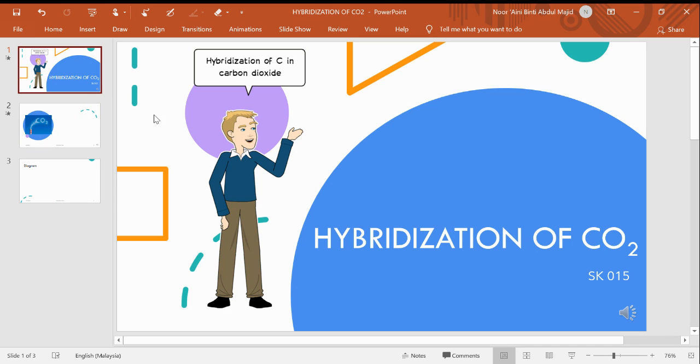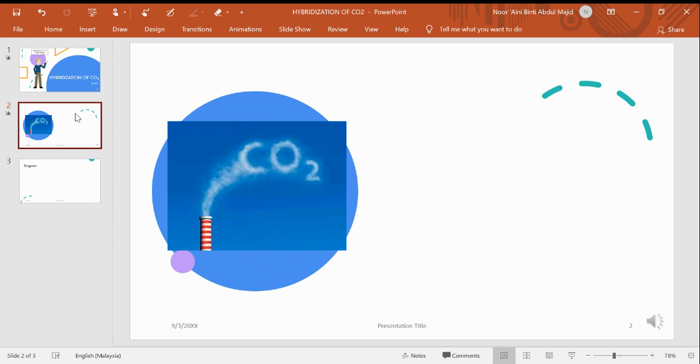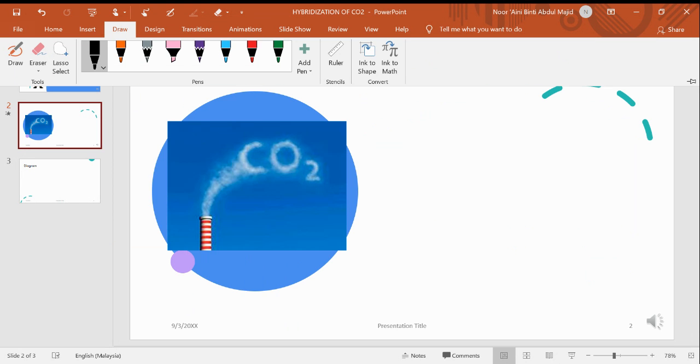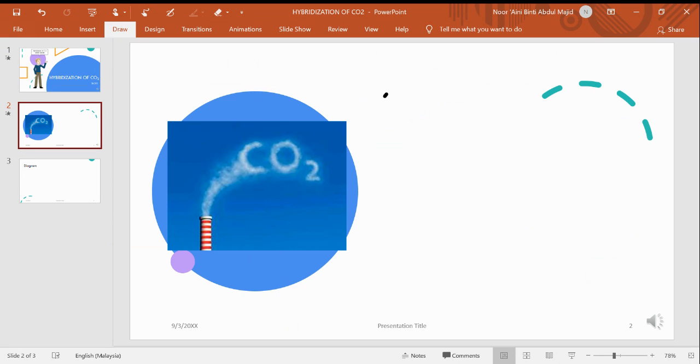Number one, whatever it is, we must start with drawing the Lewis structure. Don't forget, draw your Lewis structure. And second is always to draw the structure in its actual shape.